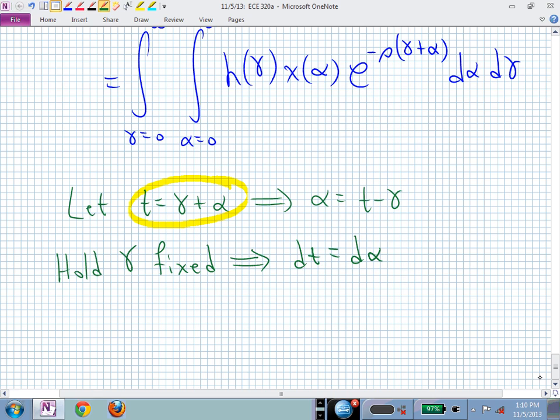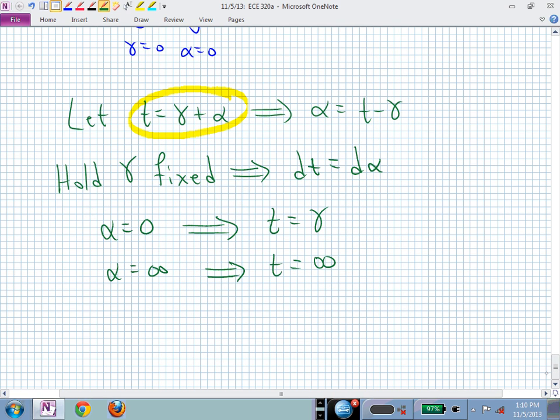If alpha is equal to 0 in this expression, what is t equal to that I've highlighted in yellow? That's just gamma, isn't it? And if alpha is infinity, what's t? Infinity. So now I know how to replace my variables of integration on the right-hand side.